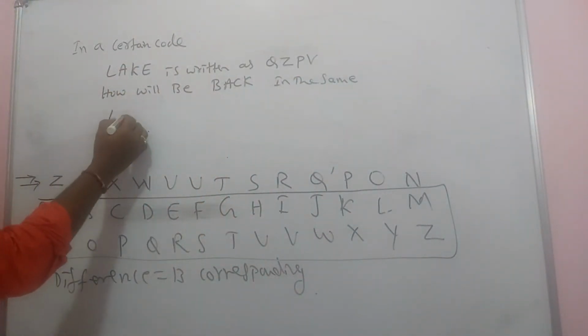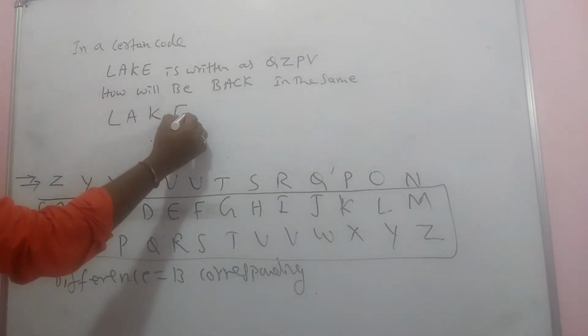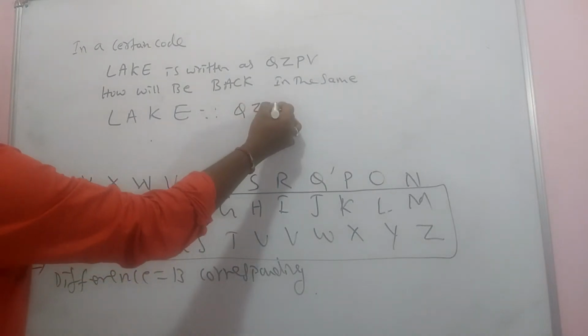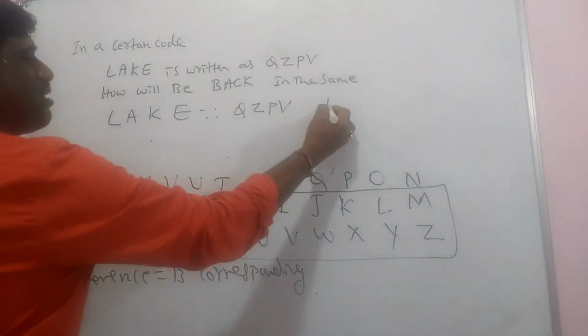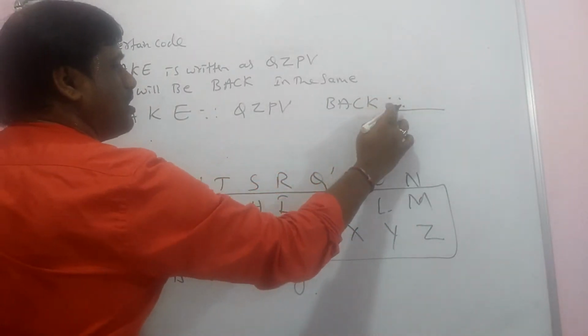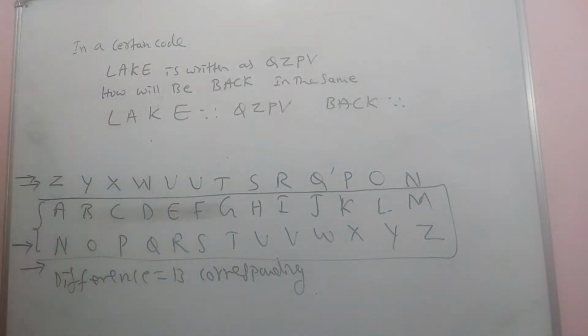Here, look at LAKE and observe this. It is coded as QZPV. Then he is asking the code for BACK. Options are there, and we can take the options to understand.